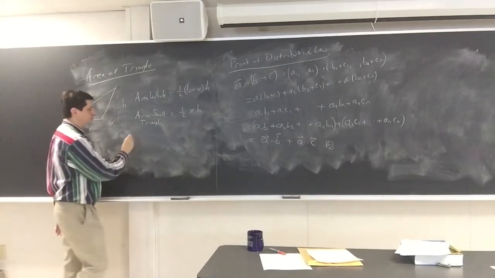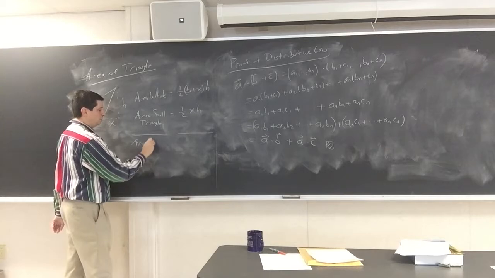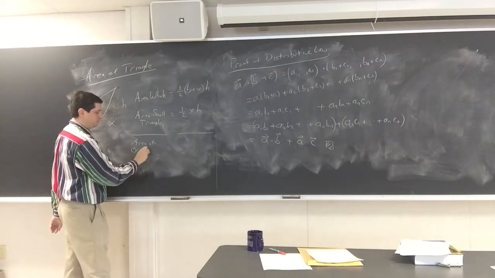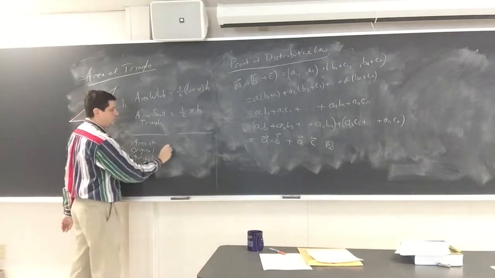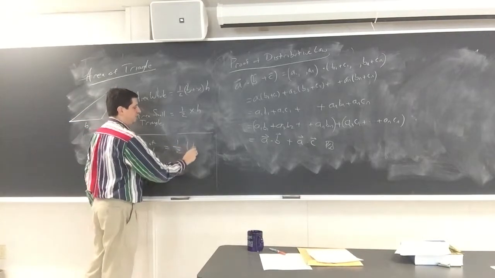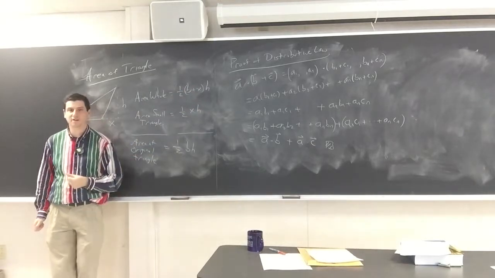And so if we subtract the area of the small triangle, what's left, the area of the original triangle, will just be 1/2 bh, because the 1/2 xh cancels with the 1/2 xh.